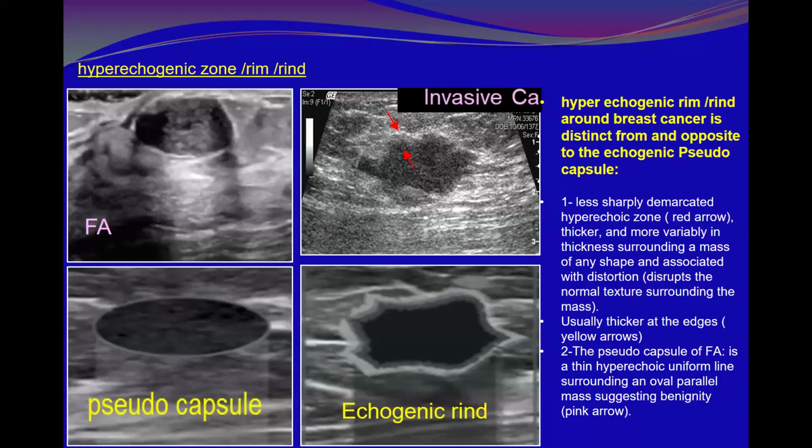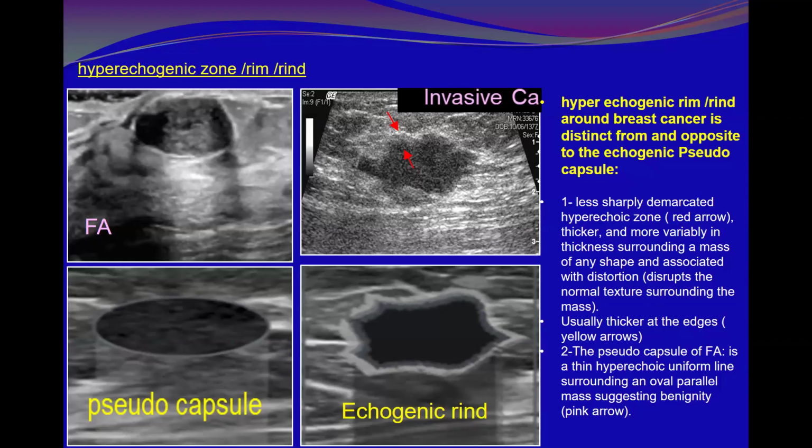And what else? It surrounds masses of variable shape, not necessarily a certain shape or type of mass. Any type of mass surrounded by this echogenic rind will be BI-RADS 4.